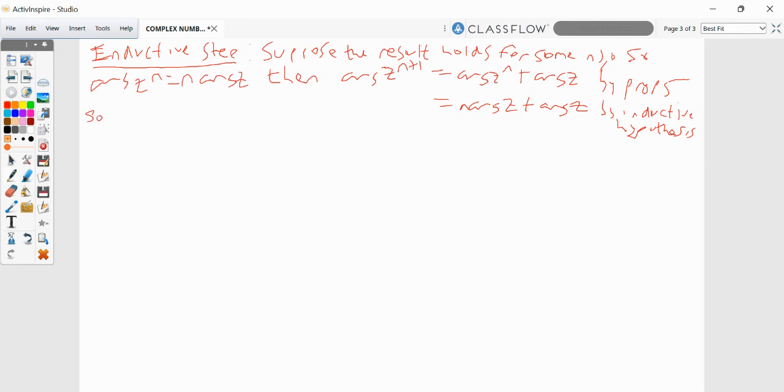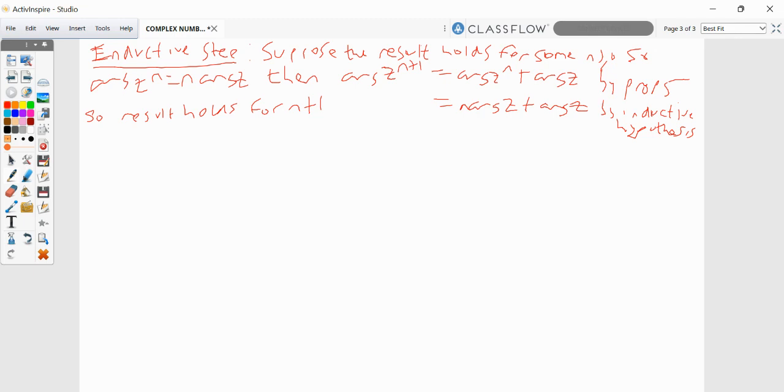So the result holds for n plus 1. And again, you don't need a long conclusion here. At university level, we don't use long conclusions because we assume this is stuff that you should already know.